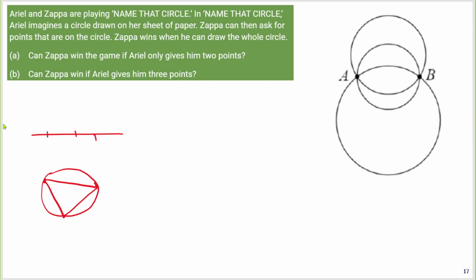Therefore, the circumcenter is the only possible center of a circle through the 3 points, which means the circle is unique, right? Therefore, the circumcircle is the only circle that passes through all 3 points. Did you get it? And how about 4 points?